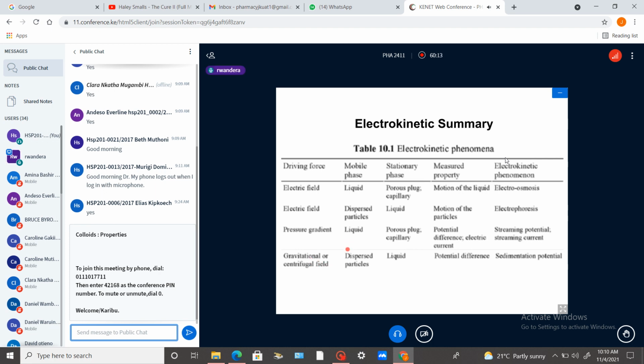So it's the dispersed phase particles that move due to the force of gravity or centrifugal force. The liquid remains stationary, and as a result of this movement of dispersed phase particles, we generate a potential difference.